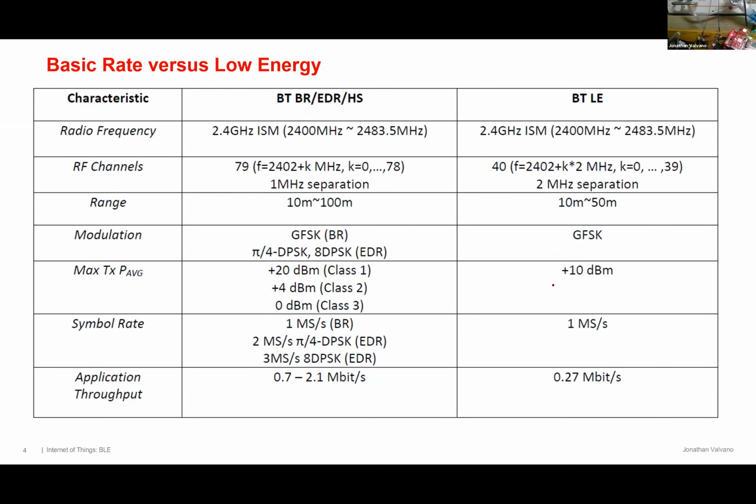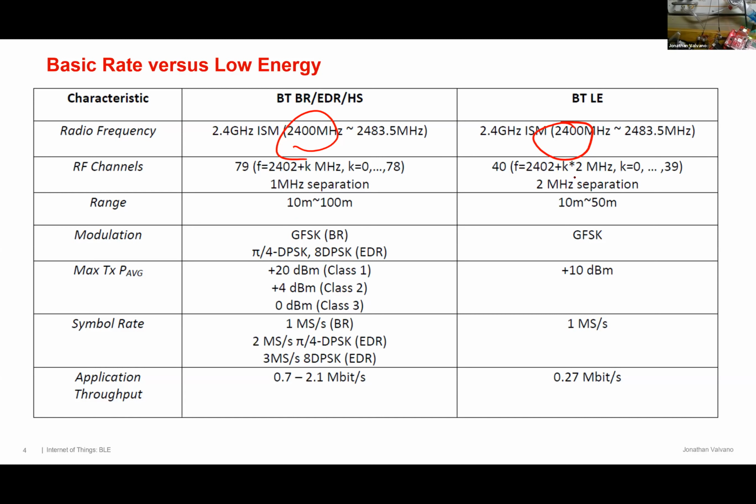And now to compare Bluetooth low energy, which is the CC2650 and the Nordic chip, which I have one slide of. Again, they both exist in the same frequency range, right? They're both 2.4 gigahertz. But they are not the same because they use different modulations and different frequency separation.